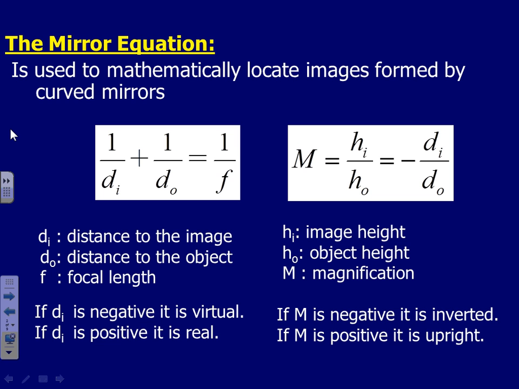And then we have HO, which I say ho, and it stands for the height of the object. So M is equal to high over ho. It turns out we can also get the magnification from the distances. It's equal to negative di over do.